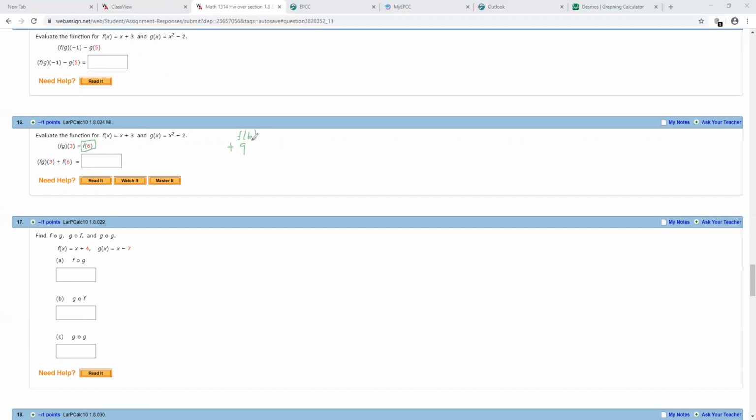And then what about this part, Griselda? This means what right here? F what? 6. Oh, I'm sorry. Hold on. Does it mean we have to put the 6 in the x on the g section? Or wait, is it a 6 or a 3 on this one? The first one is a 3. Yeah.